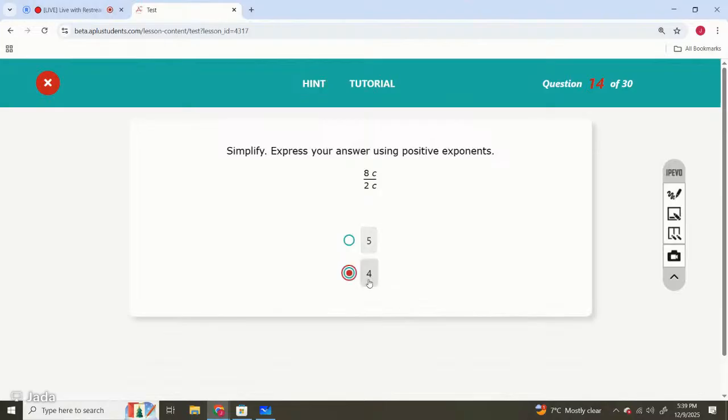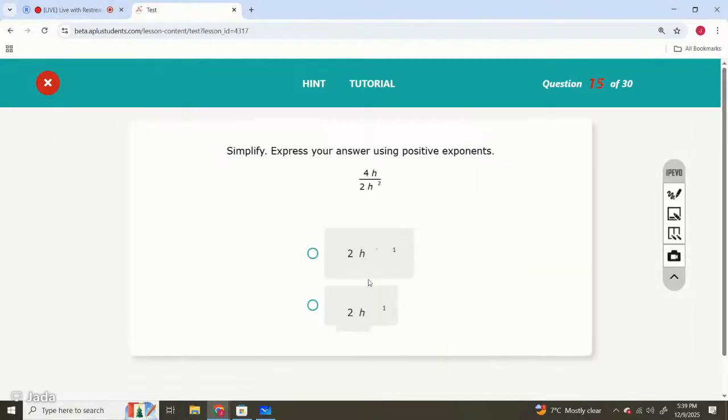Option number 2 is the correct option, that is 4. 4h divided by 2h square, which is the correct option?